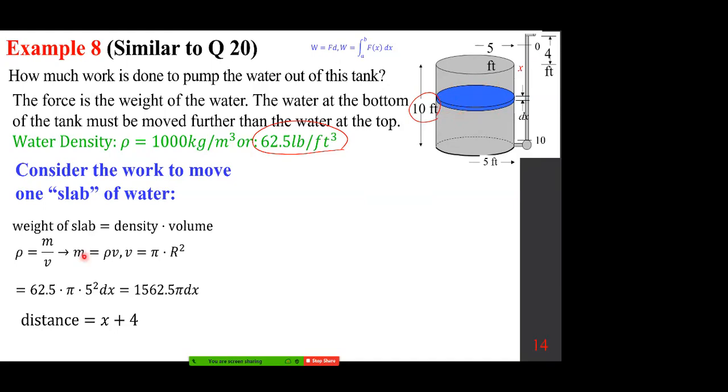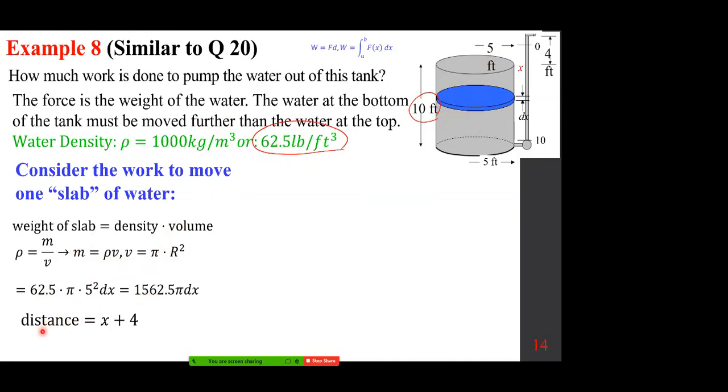The weight is the density times the volume. The volume, we said it's a cylindrical shape, pi r squared. R is fixed at 5. Rho, we use one of those. We use this one because of the proper units. Now 25 times 62.5 gives you this.